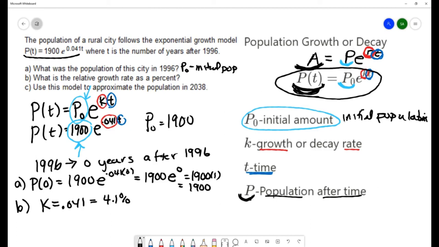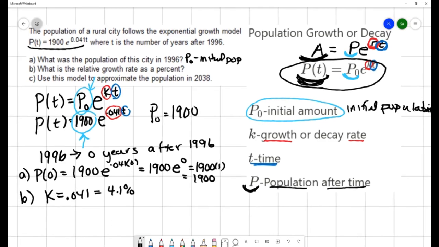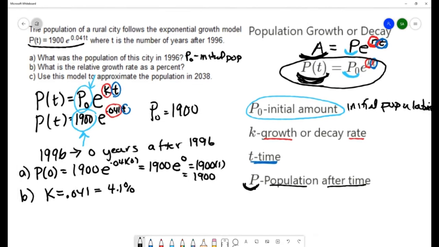And in our final part, it says to use this model to approximate the population in 2038. So to do that, we need to know how much time has passed. Notice that the variable in our model is time. And so in order to use the model, we need to know the value of time.